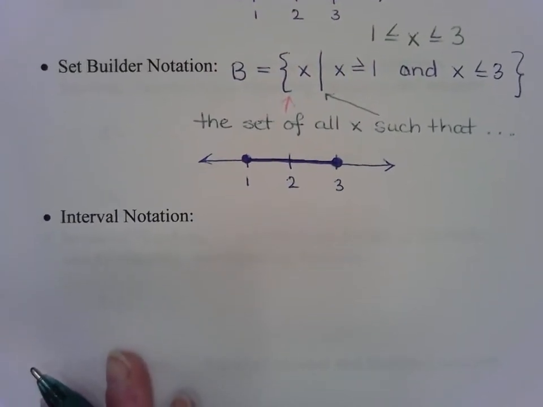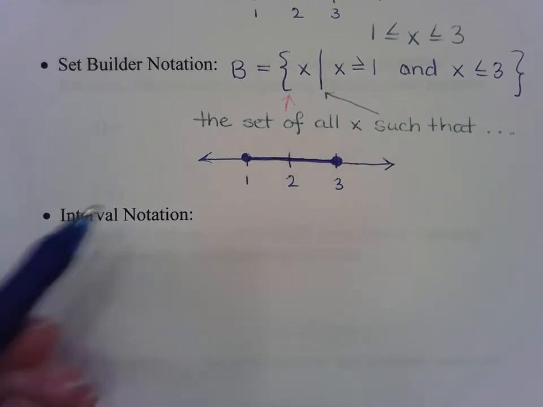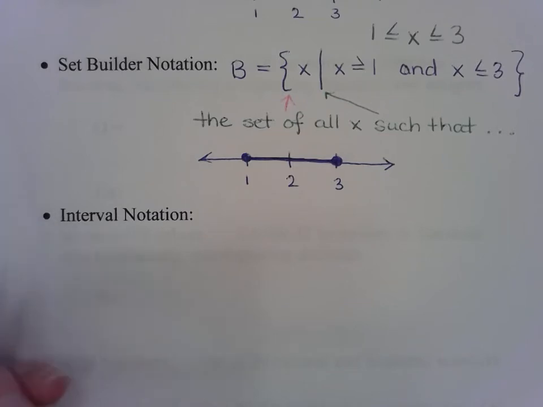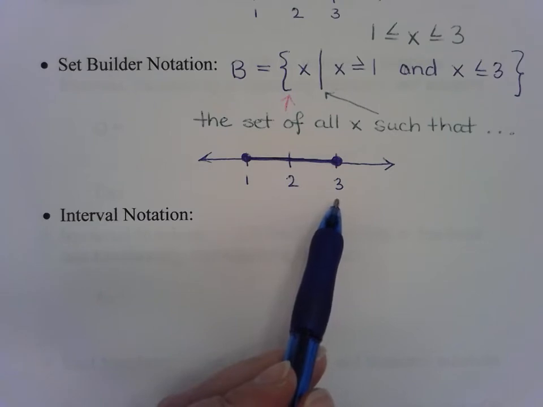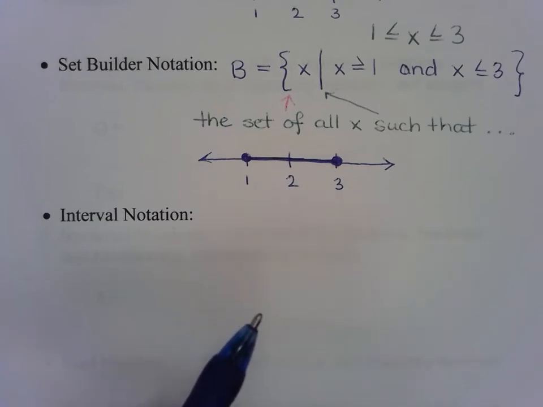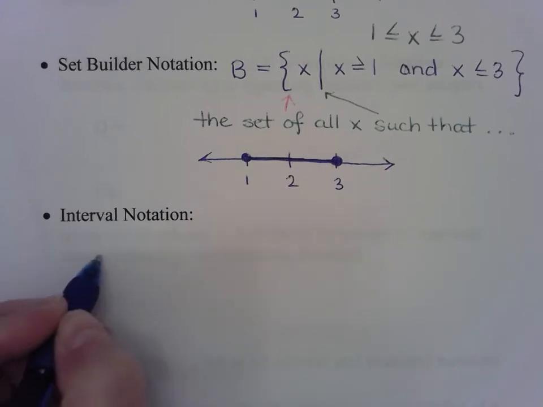The other option when we cannot make a list of the numbers is called interval notation. And this is sort of a shortcut method, where we list the endpoints from left to right, separated by a comma. So there's also some brackets that we'll use.